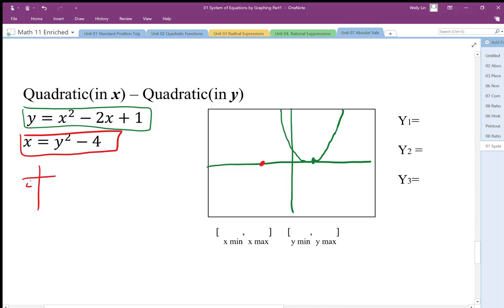When x is 4, y is 0, and when x is -4, y is 0. Then we can write our zeros when y is 2 and -2, x is 0. So we can have our coordinates like this. I should draw this a little bit further down here.